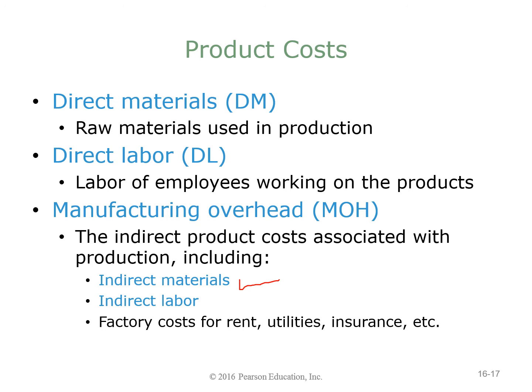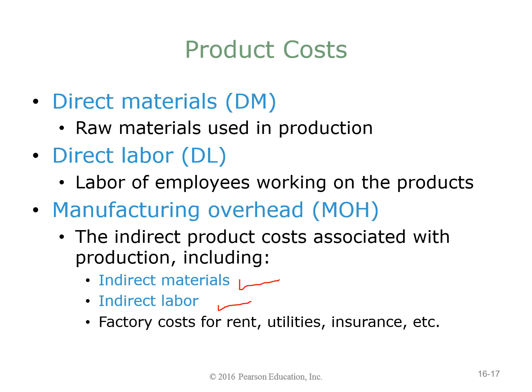Indirect material, of course, we are talking about the glue, as I said, screws, for example, maybe paint, and indirect labor, maybe I'm talking about the supervisor of the labor that is manufacturing the table. The supervisor here is a manufacturing cost, but it is indirect, because he is not involved in the manufacturing process in a direct way.